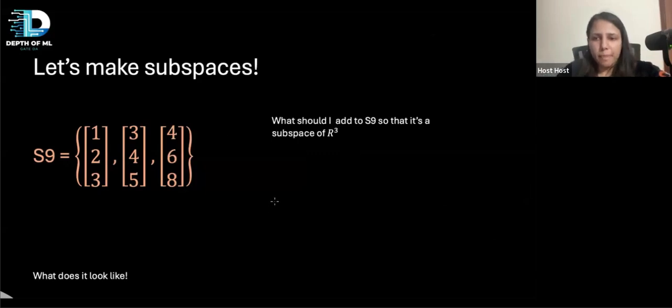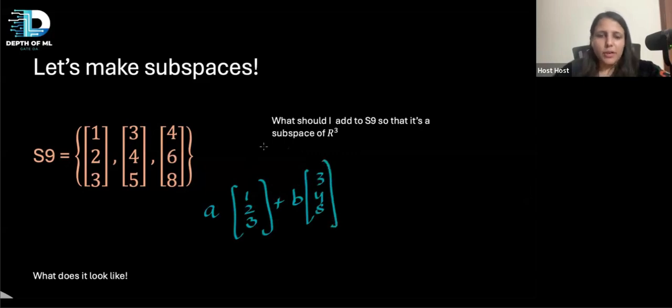Okay, I have one answer: 1, 2, 3 plus B of, okay, you guys are getting it. Awesome. Is it clear to everyone why I added just this and not a multiple of this? Because this is already a linear combination of these two, right? If I write C, A, B, C is equal to A plus B, right? So I will just add this.